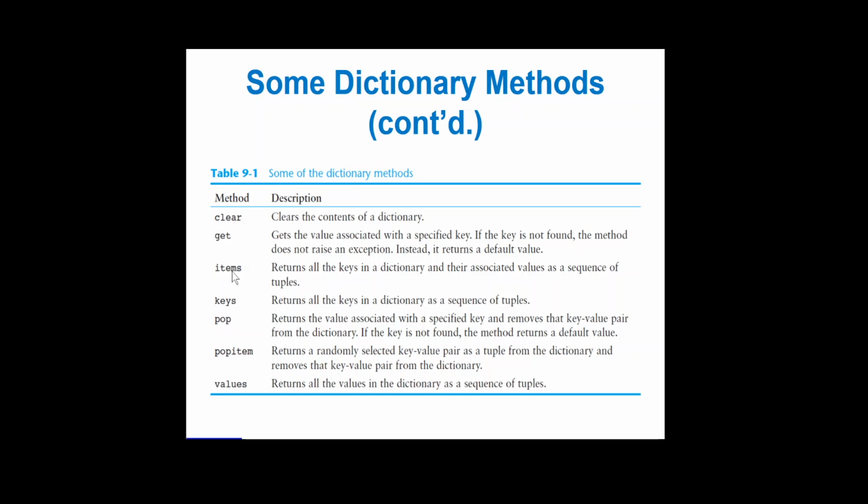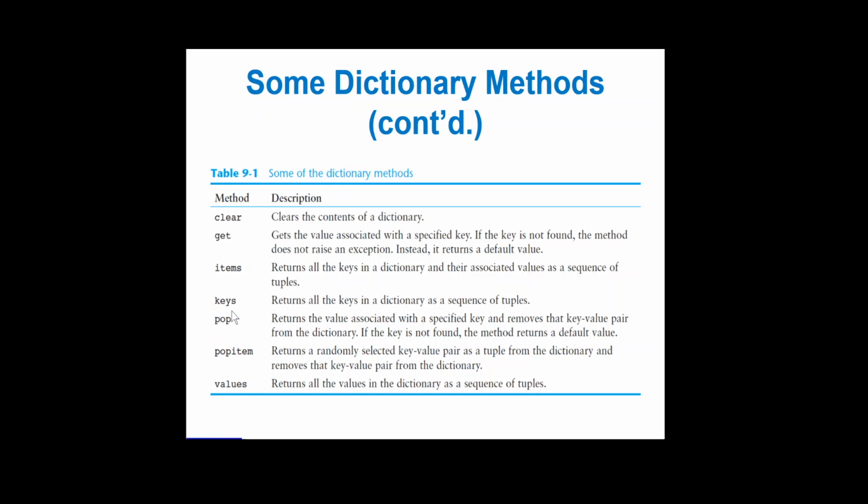We can return all the dictionary's items as key value, as a sequence of tuples, and we can iterate over them, or we can return the keys, all of them, as a list of keys. We can pop an element and it will return its value and remove the whole element from the dictionary.